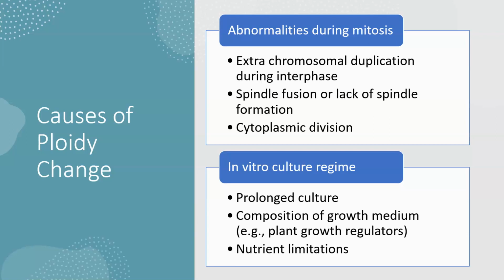For example, both kinetin and 2,4-D are implicated in ploidy changes, and cultures grown under nutrient limitations can develop abnormalities. Selecting a suitable explant and an appropriate culture medium can therefore enhance the chromosomal stability of the culture.